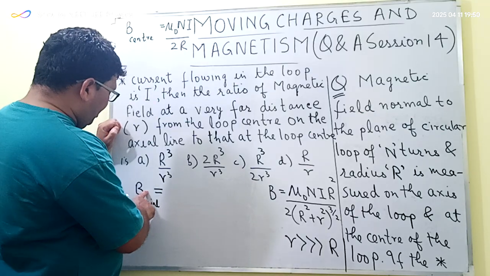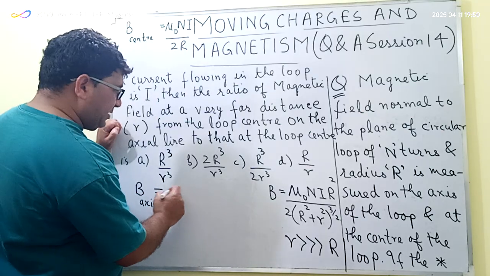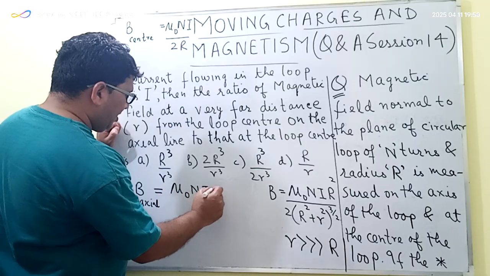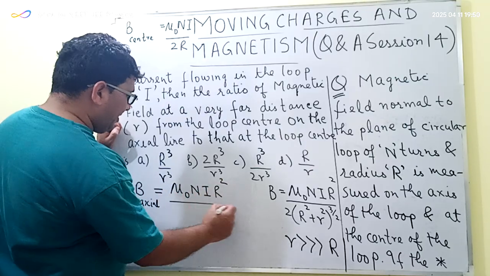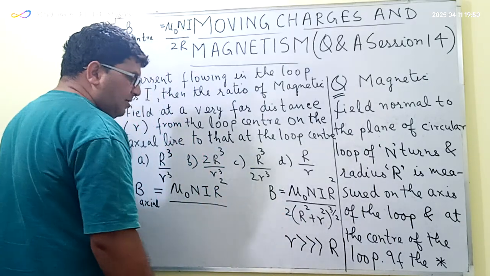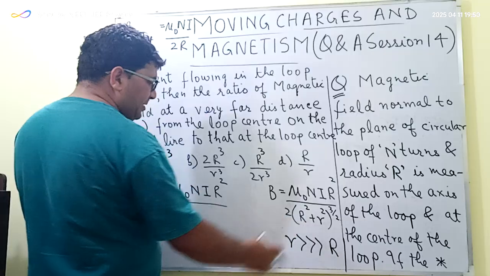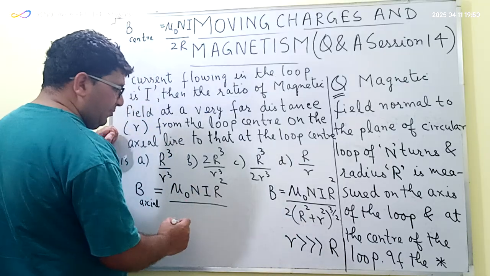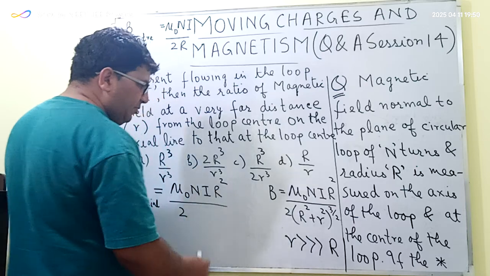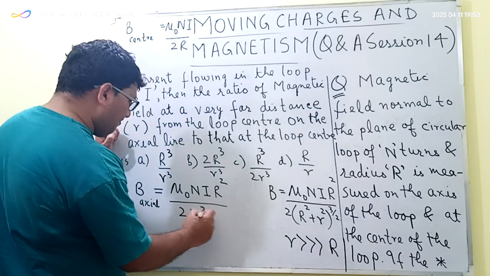So B axial is equal to mu naught N I R square divided by, since small r is very large in comparison to capital R, so this capital R can be omitted, and finally I will be getting the relation as r square to the power 3 by 2, which is equal to r cube. So 2 r cube.